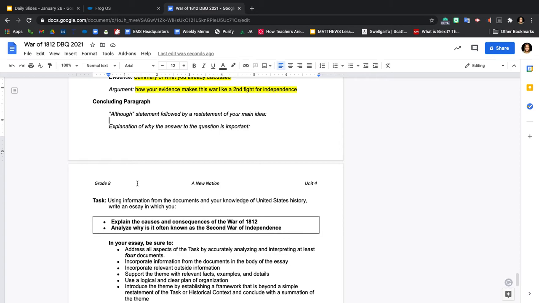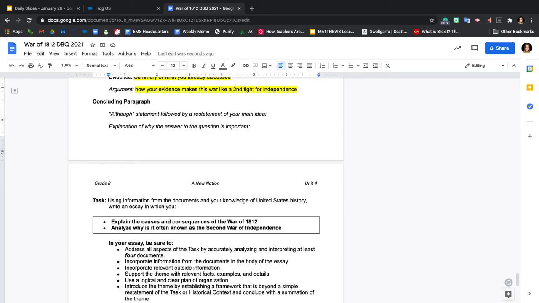So we could say, although the U.S. had already won its independence from Britain in the Revolutionary War, but you need to somehow acknowledge the other side of the argument, because somebody who believes that what they say is true and no one else can possibly have any valid opinion is usually wrong.